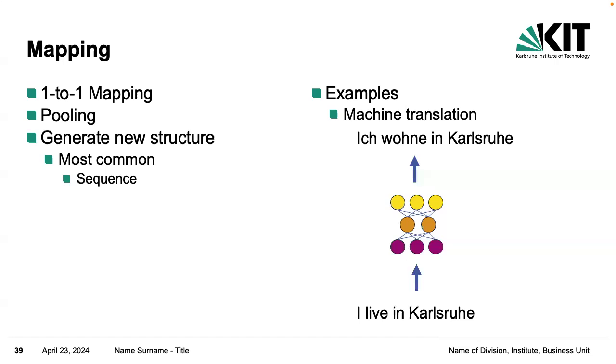Another example of this is machine translation. So if you have an input as a source language and the output as a target language, here you're lucky, you have the same number of input and output words. But there is a connection between the number of input and output words, but it's not simple. So you cannot easily say, oh, we take this architecture. If there are 5 words in the input, there are always 1.76 times as many in the output or something like that.